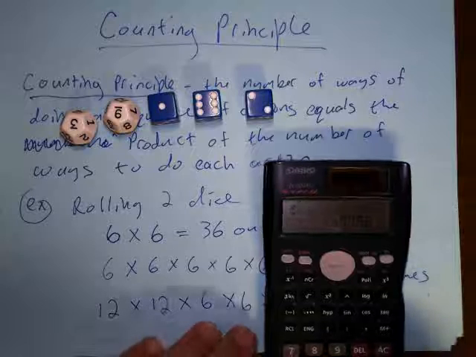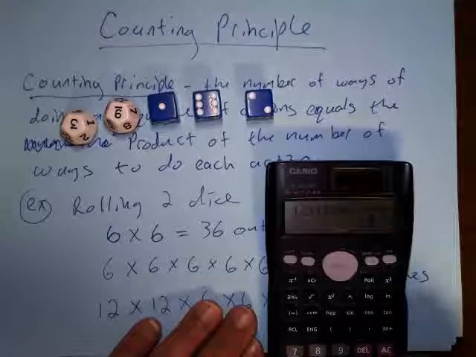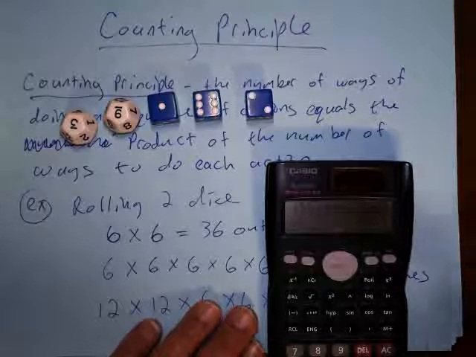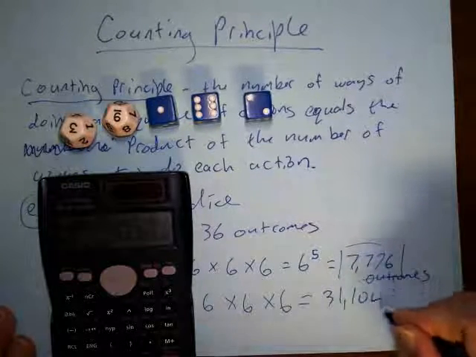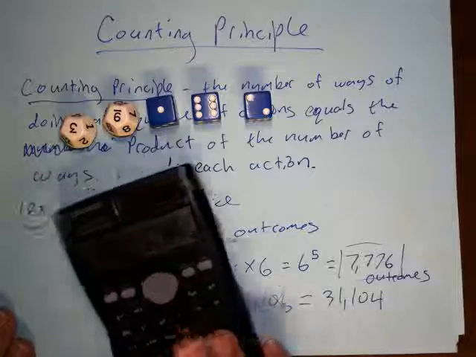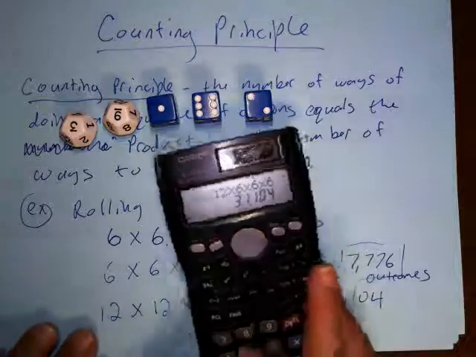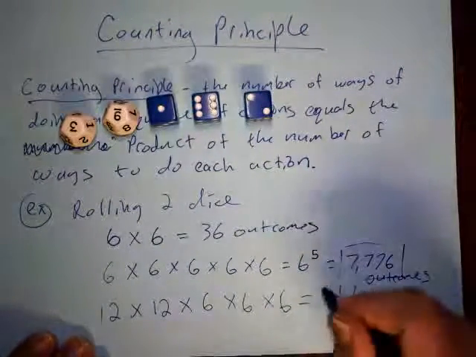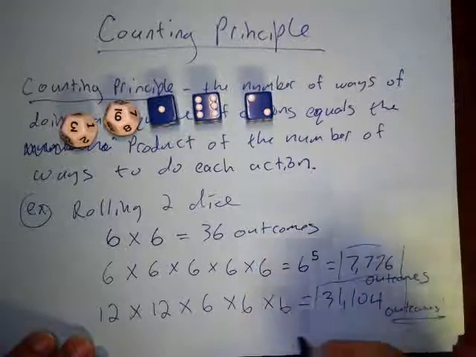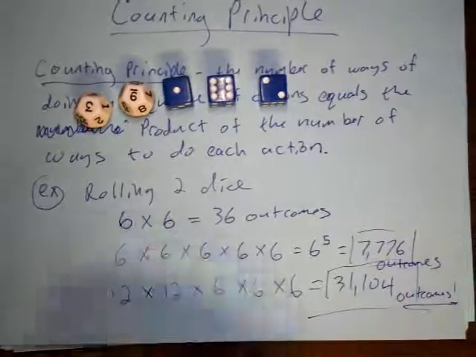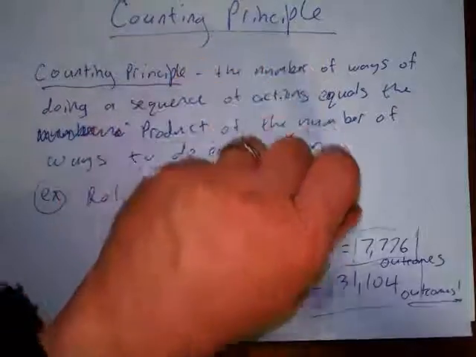Looks like there would be 31,104 outcomes. A lot of outcomes. So you can see that these numbers can get very large very quickly, which is why these counting principles are so helpful, because they can count these large sets very, very quickly.